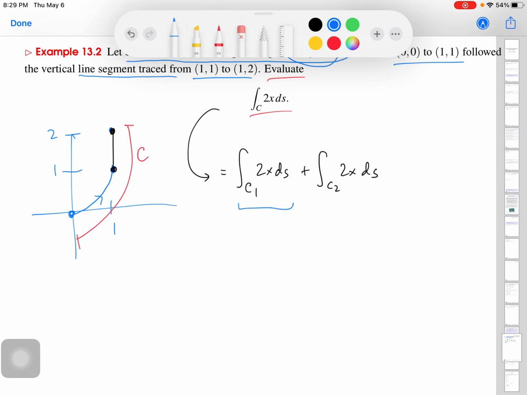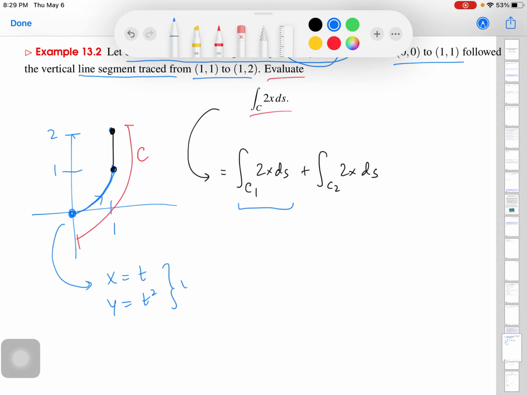So in the first line integral, I'm going to look at this first curve over here on the left, the blue curve. This is the parabola. I am going to have to parametrize this curve. We could leave it with a parametrization in terms of x, but just to get you used to continuing to use t, let's parametrize it with x equals t and y equals t squared.